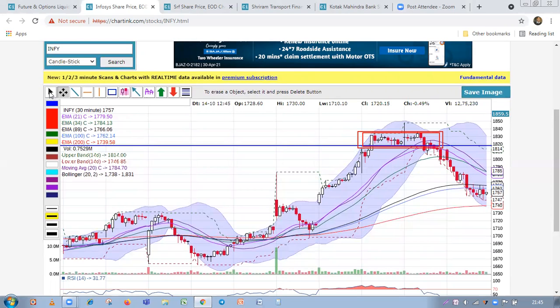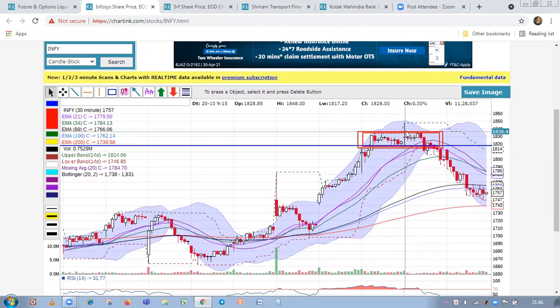So as you can see, Infosys had given a breakout below. Let me check the top. It is somewhere 1835.40. There's a doji candle, its high was 1848 and its low was 1817.